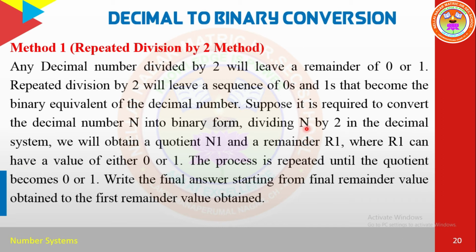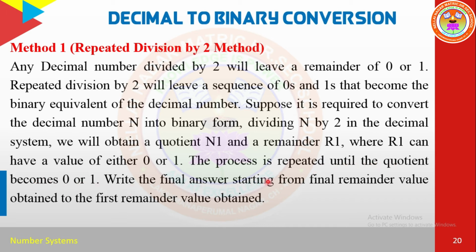That question number value should be put in the n part and divided by 2. We will obtain a quotient called N1 and a remainder called R1, where R1 can have a value of either 0 or 1. The process is repeated until the quotient becomes 0 or 1. So you do the calculation up to that point.